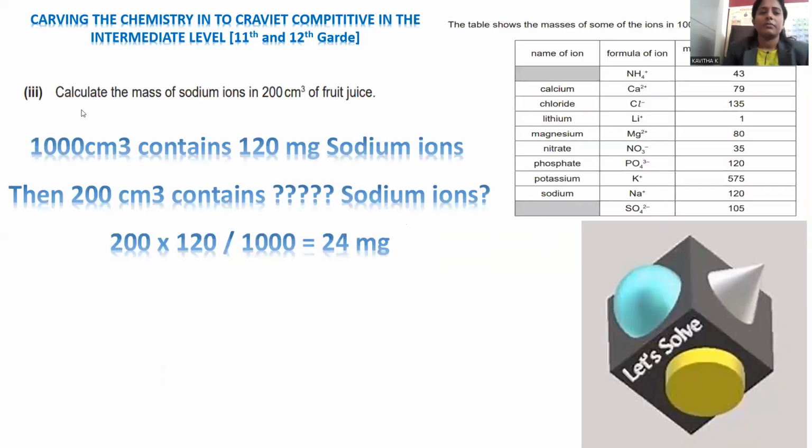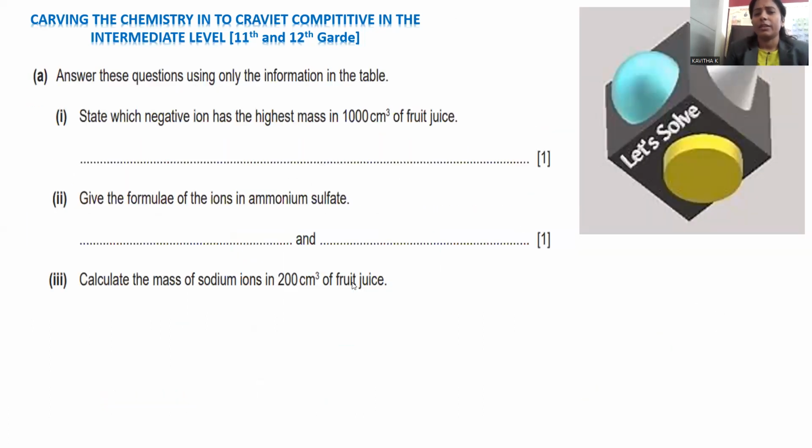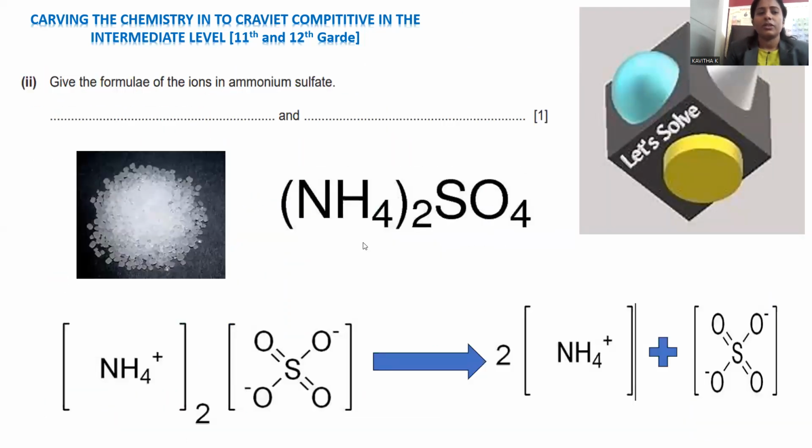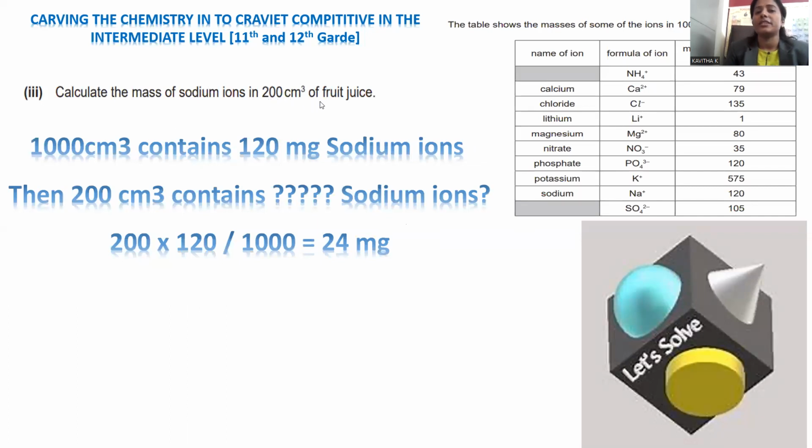Move on to question number 3. Calculate the mass of sodium ions in 200 cubic centimeters of fruit juice. The entire data provided is for 1000 cubic centimeters, but in the third question they are asking how much mass of sodium ions is present in 200 cubic centimeters. In 1000 cubic centimeters we have sodium ions 120 milligrams.